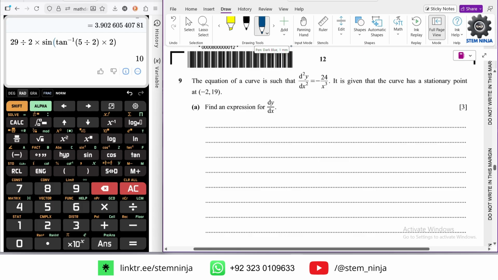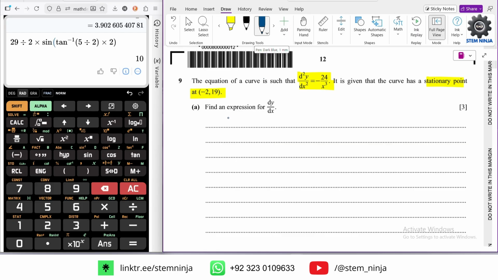Okay, so question number 9. The equation of a curve is such that d squared y over dx squared is minus 24 over x cubed. It is given that the curve has a stationary point at minus 2, 19. Find an expression for dy by dx.